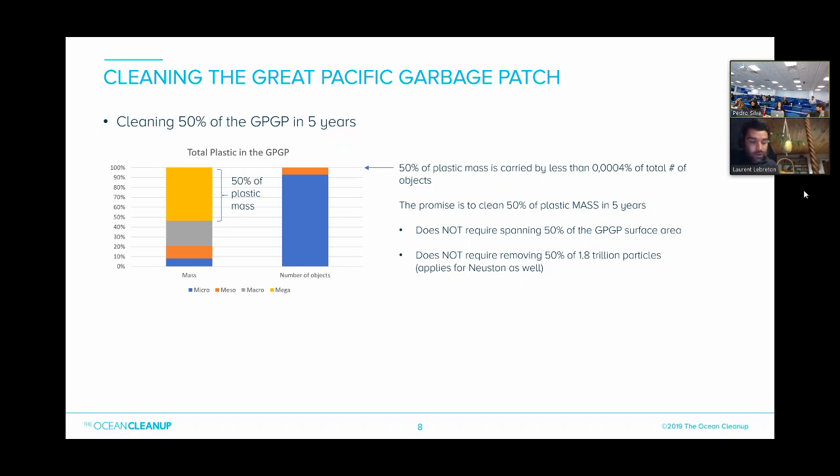We don't want to go around all the ocean. We leave the rest of the ocean as it is. And yes, we will have some impact on some organisms because we're scooping stuff out of the ocean, and we knew that. But my point is that what I understand is you're not collecting or scooping all the surface of the ocean to get to 50% of the net.